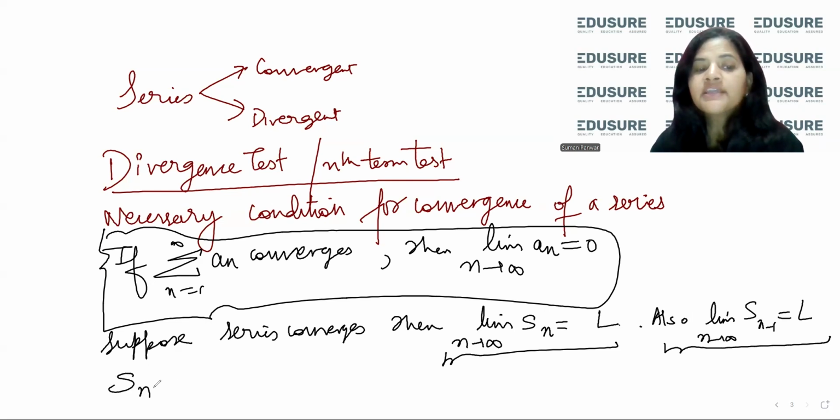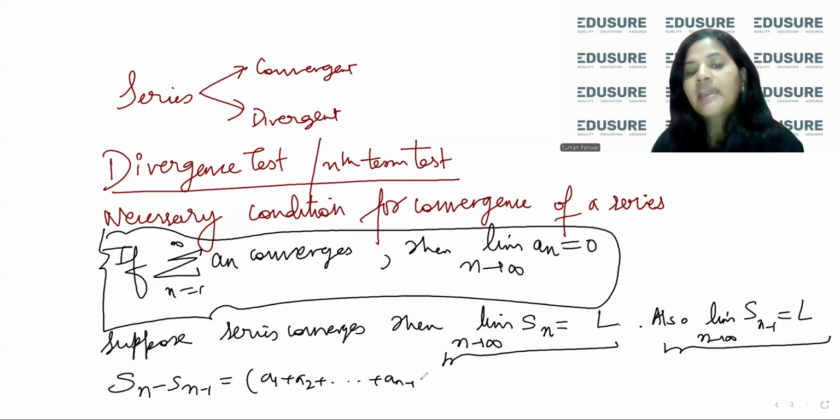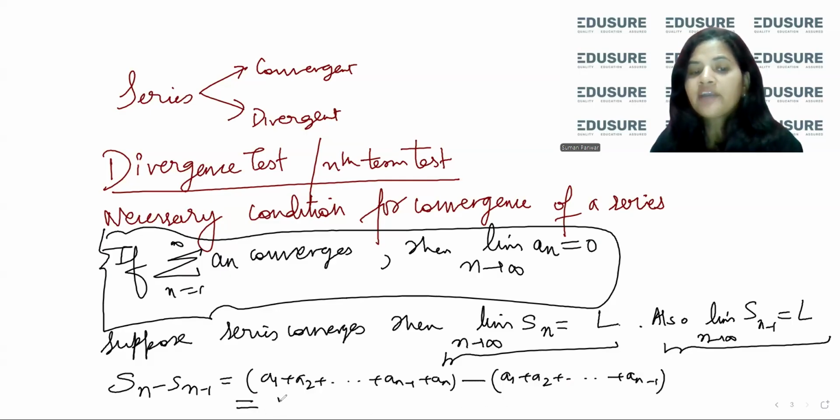Now, what is S_n minus S_(n-1)? S_n is a_1, a_2 till a_(n-1) plus a_n, and S_(n-1) is a_1 plus a_2 till a_(n-1). So when we subtract, we only get the term a_n.